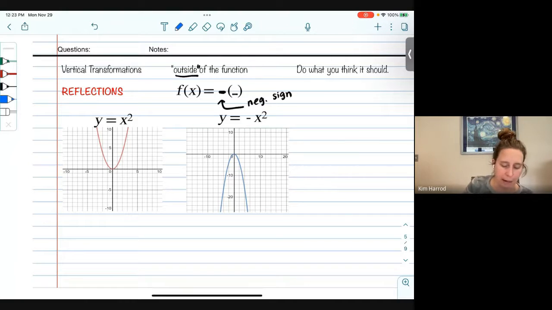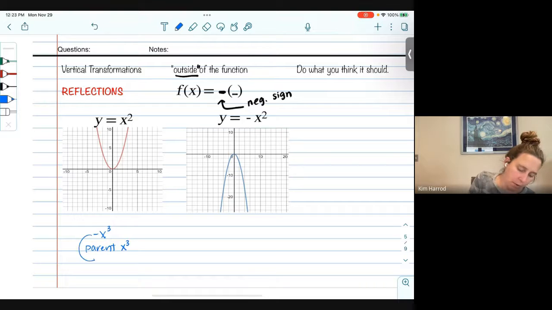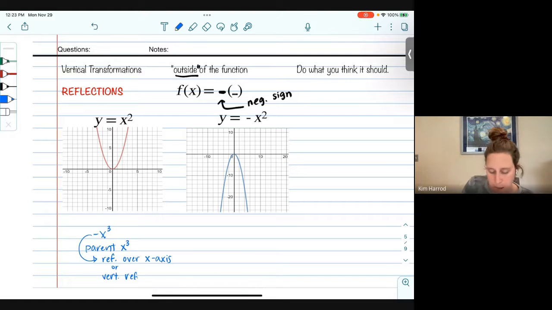So an example of that in a couple of different functions, let's make it negative x cubed. The parent is x cubed. The negative is going to cause a reflection over the x-axis. Some people like to call that just a vertical reflection, and I'm totally fine with that as well, if that makes more sense to you. Here's another example of a vertical reflection.